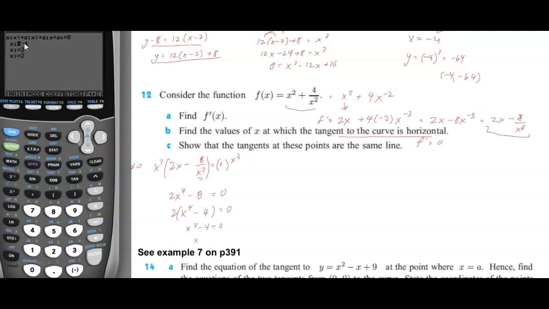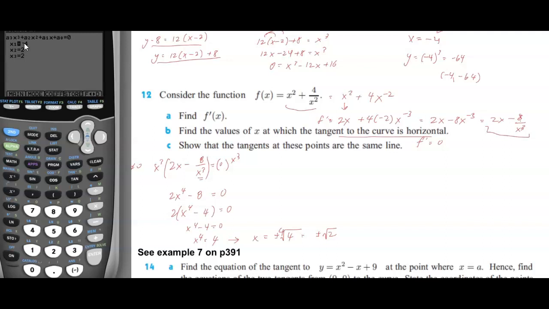That is equal to x to the fourth equals 4. x is equal to plus or minus the fourth root of 4, which is equal to plus or minus square root of 2.